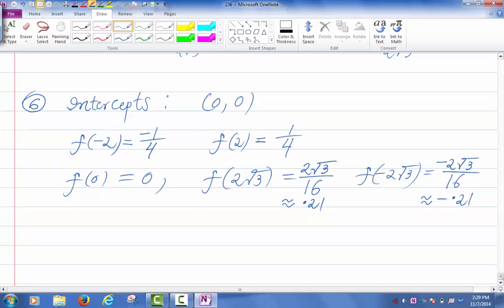Okay, so how many points do I have here? The points that I have right now are the point 0, 0. I have the point negative 2, negative 1/4. I have the point positive 2, 1/4. 2 root 3 was about what again?